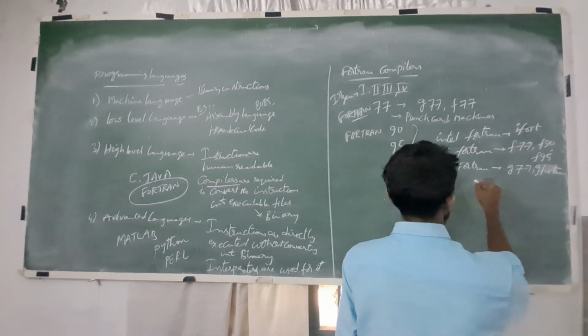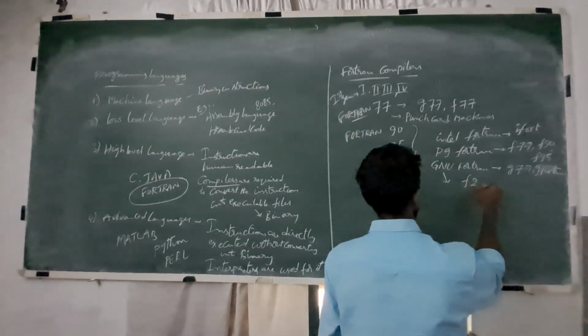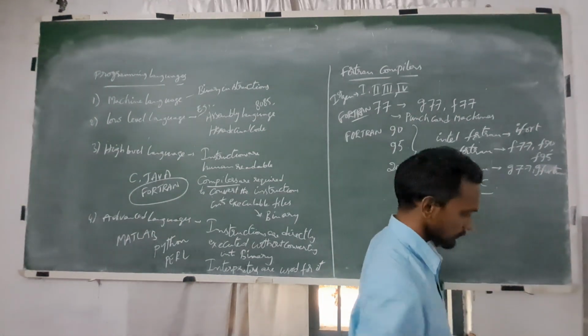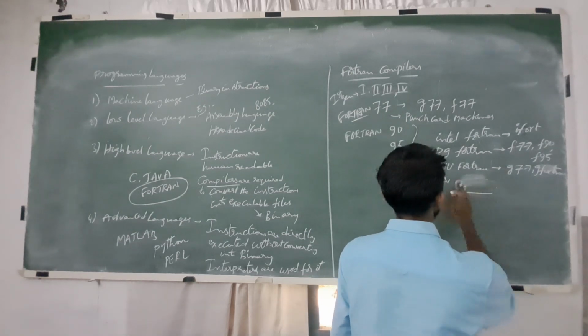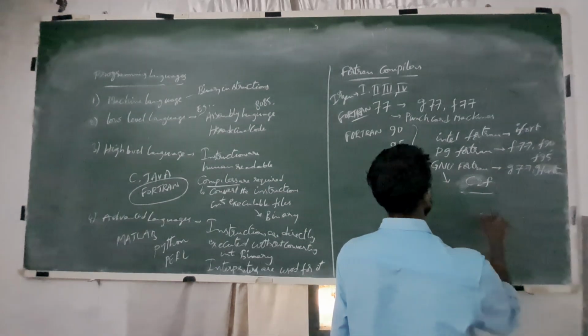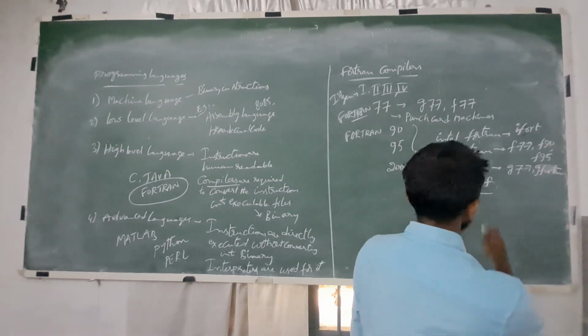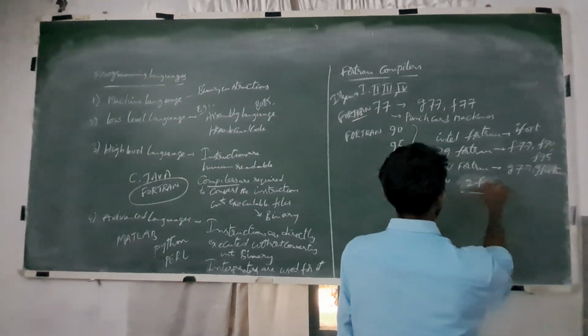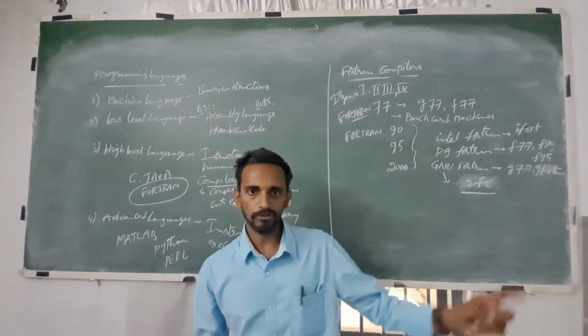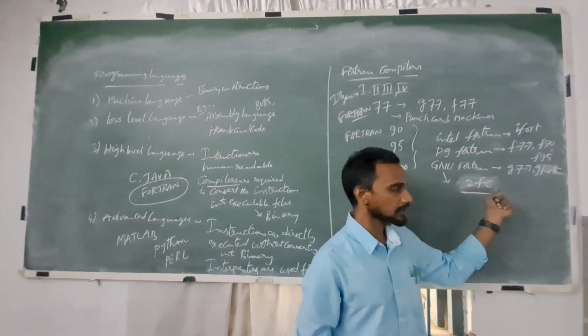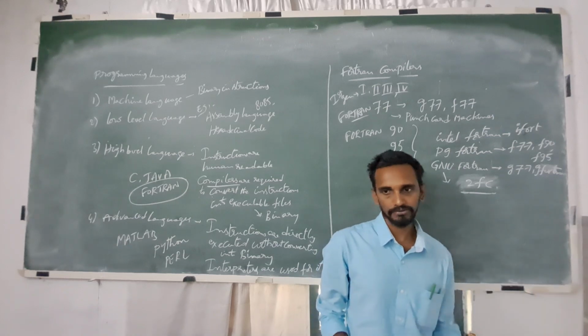Behind the scenes, another command, the F2C compiler, will be running. Whatever FORTRAN code you are writing will be converted to C and then executed.